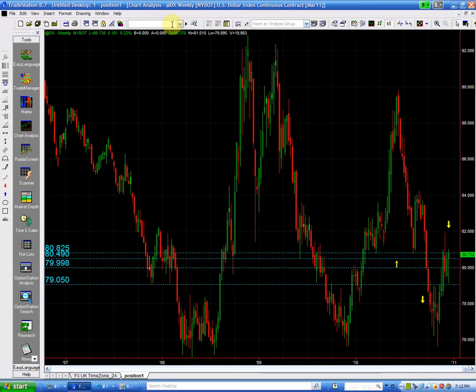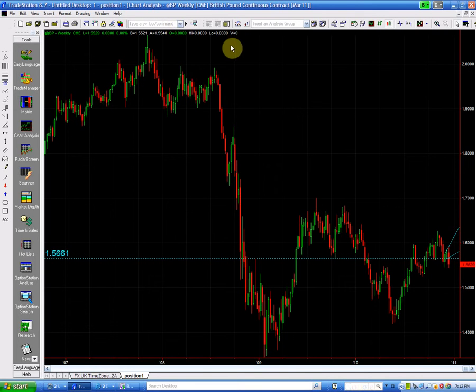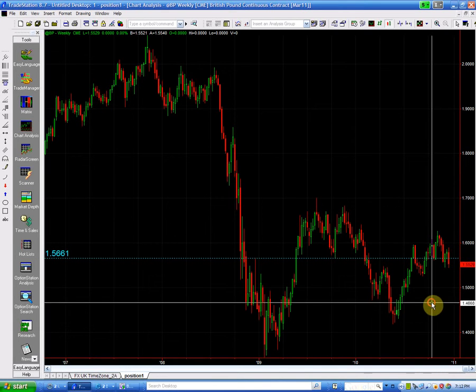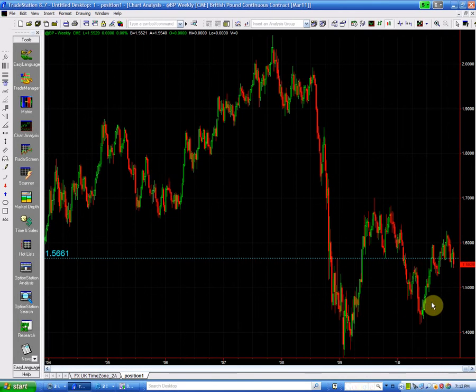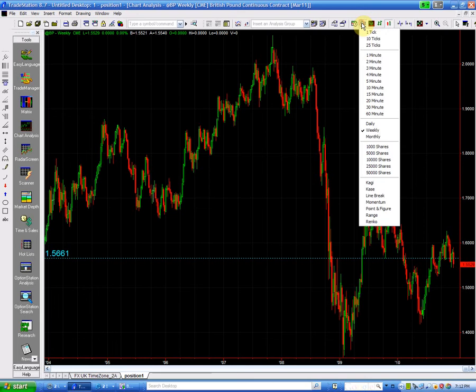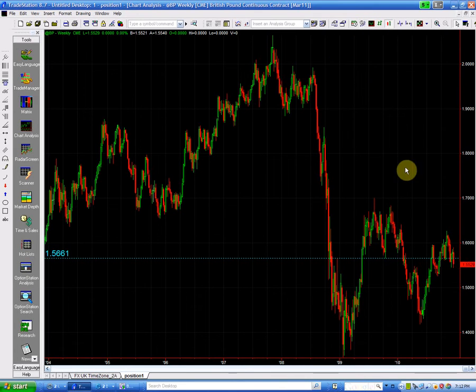Now we're going to look at the British pound. This has been just a very, very poor currency. It is extremely weak, and it's just not having any strength whatsoever.